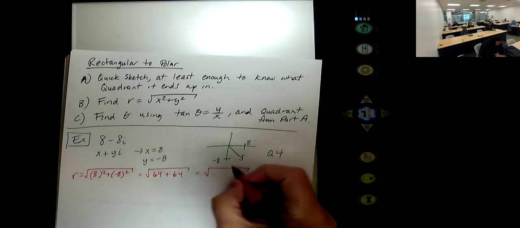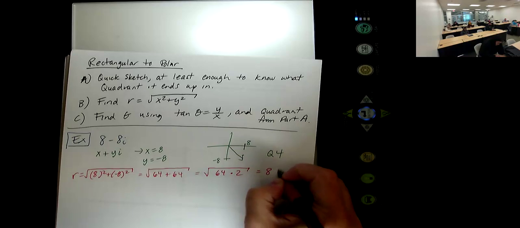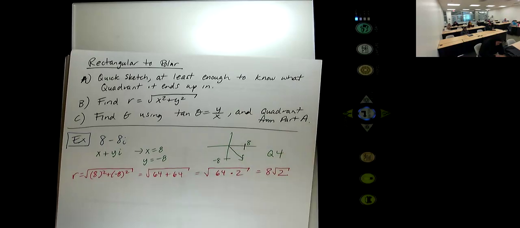Or I'm not going to add them together, I'm going to treat this as multiplication, because then I can break that up and make that into 8 root 2.